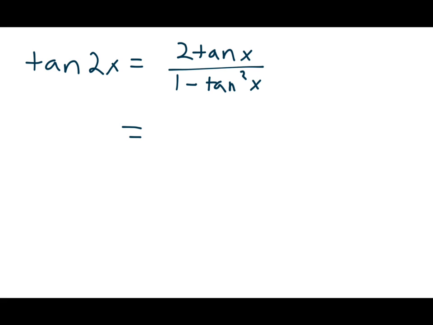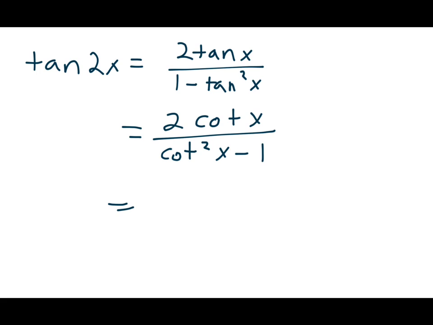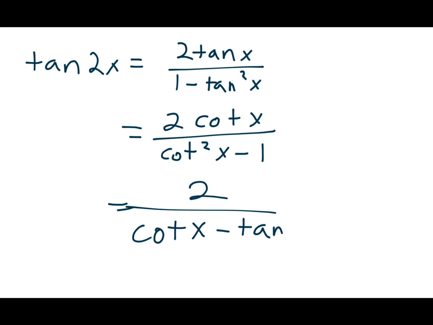You can have 2 cotan of x over cotan squared of x minus 1. Or you can have 2 over cotan of x minus tan of x. All 3 are equivalent.